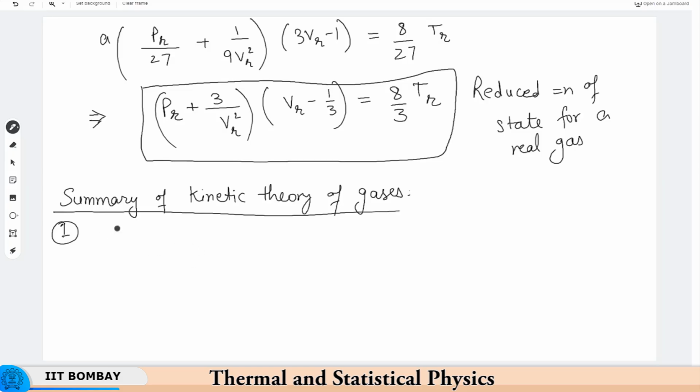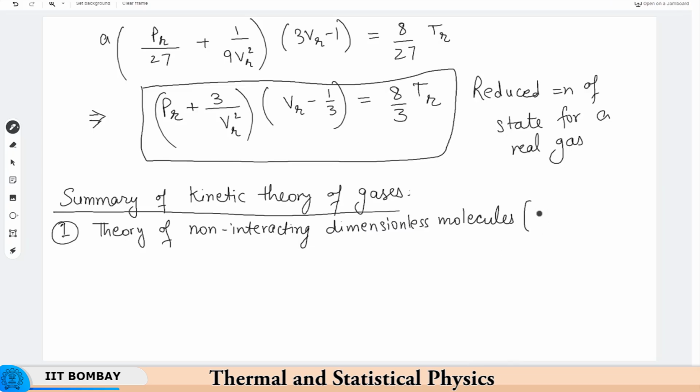So this is a theory of non-interacting dimensionless molecules which for these reasons are always in the gas phase.